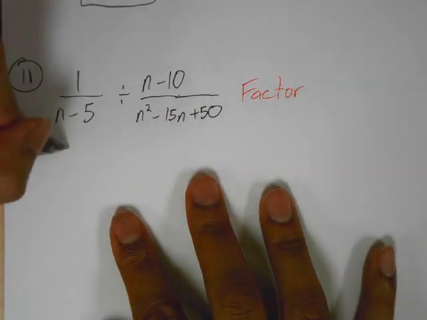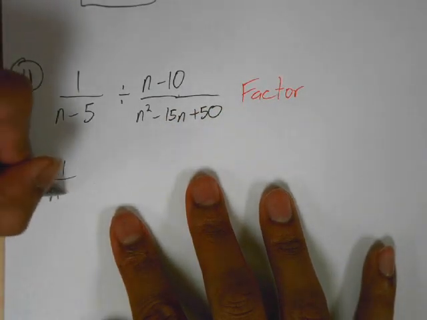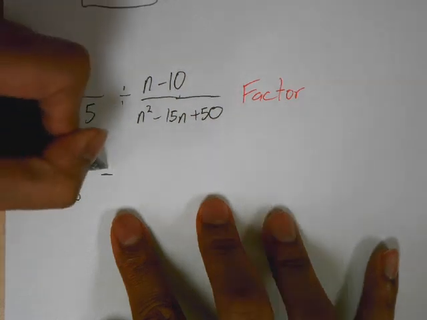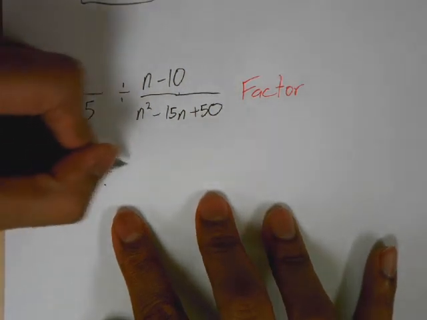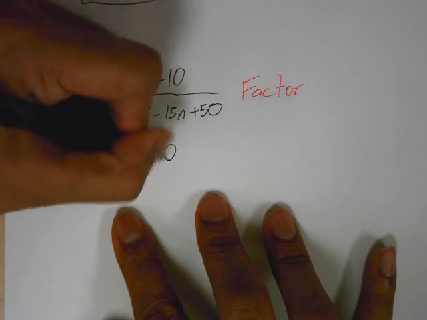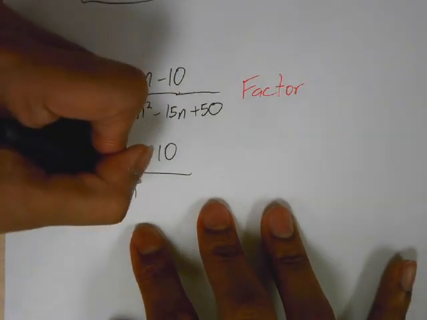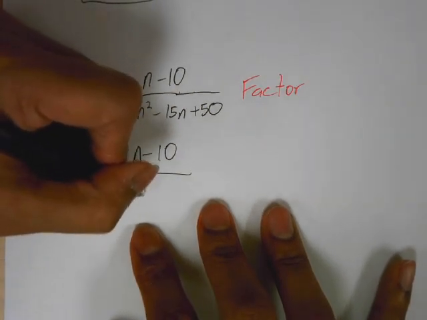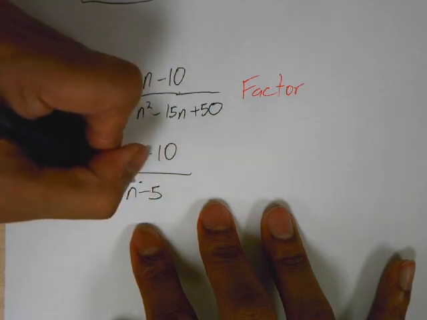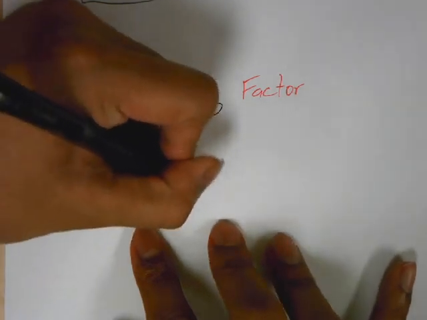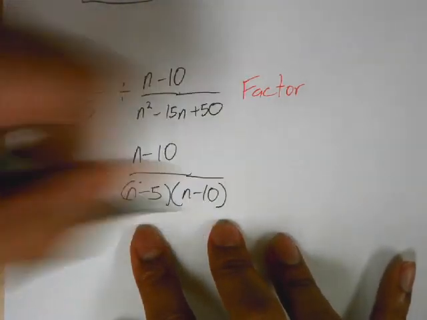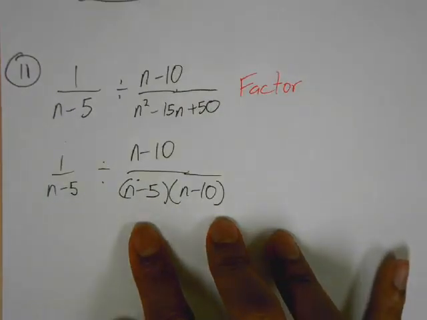And I'm going to get 1 over n minus 5 divided by n minus 10 over n squared, n minus 5, n minus 10. Okay, so that's the complete factored form of the bottom.